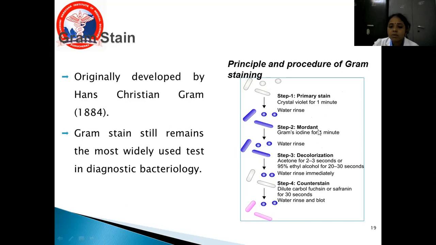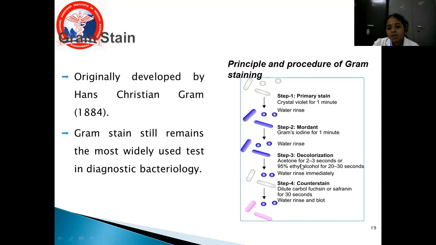This also is loosely bound to the peptidoglycan layer. In the third step, decolorization occurs. I told you gram negative organisms have lipid layers.